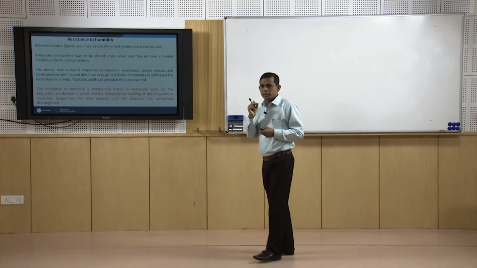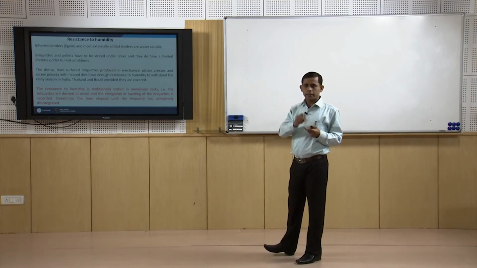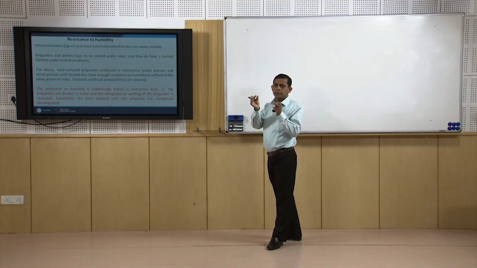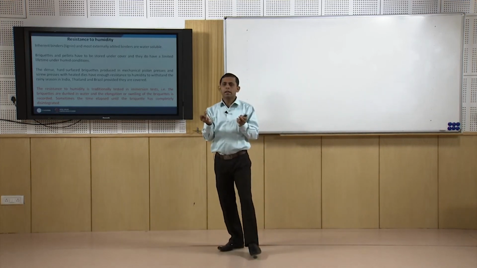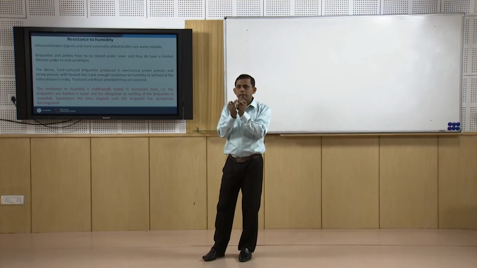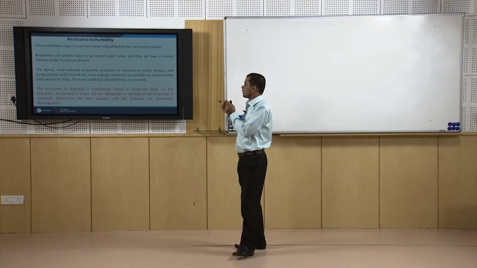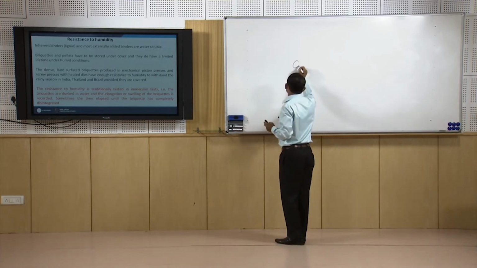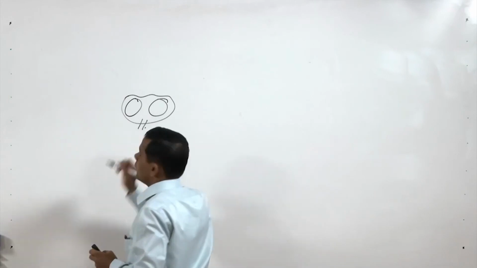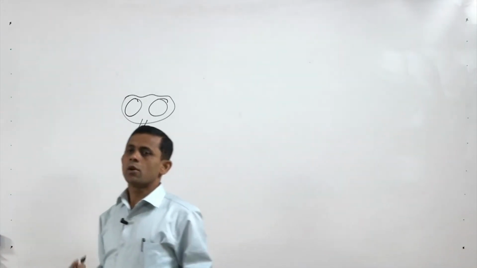Those binding agents, external or indigenous, like lignin, are soluble in water. When the binding agents dissolve, the solid particles are not bound very close to each other, their attachment is weakened. That is why it loses the property.